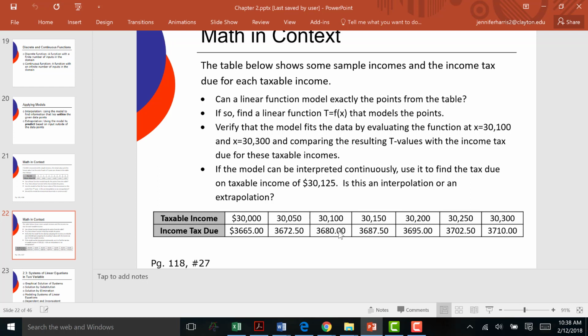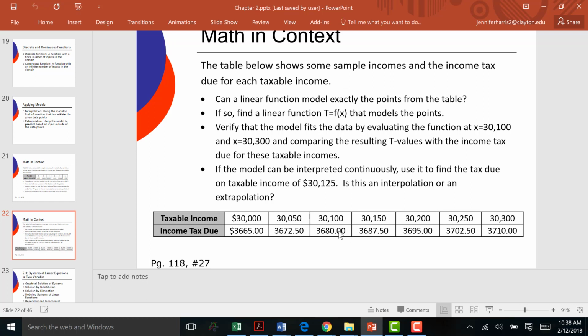What's the difference between 3665 and 3672.50? Is that 6.50? I'm just trying to do the math in my head. 7.50? Okay. What is this one? 7.50. This one? 7.50. This one?